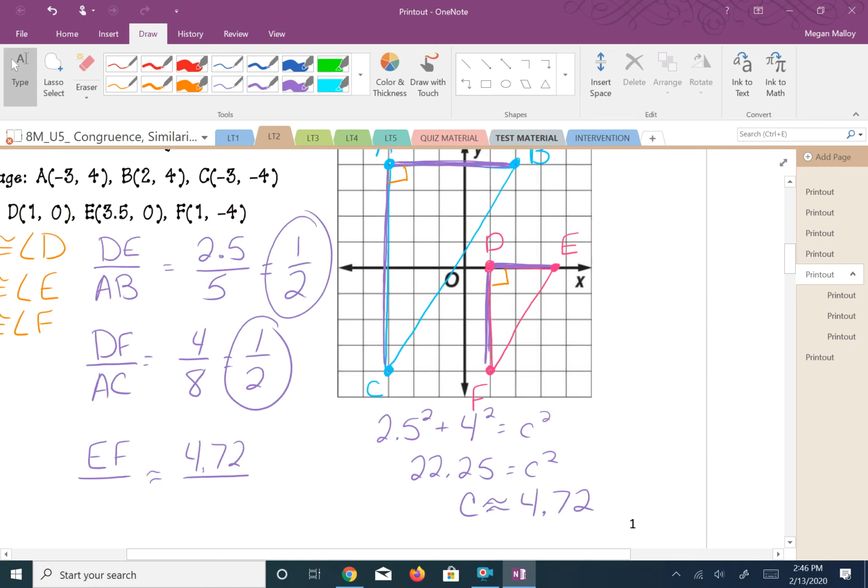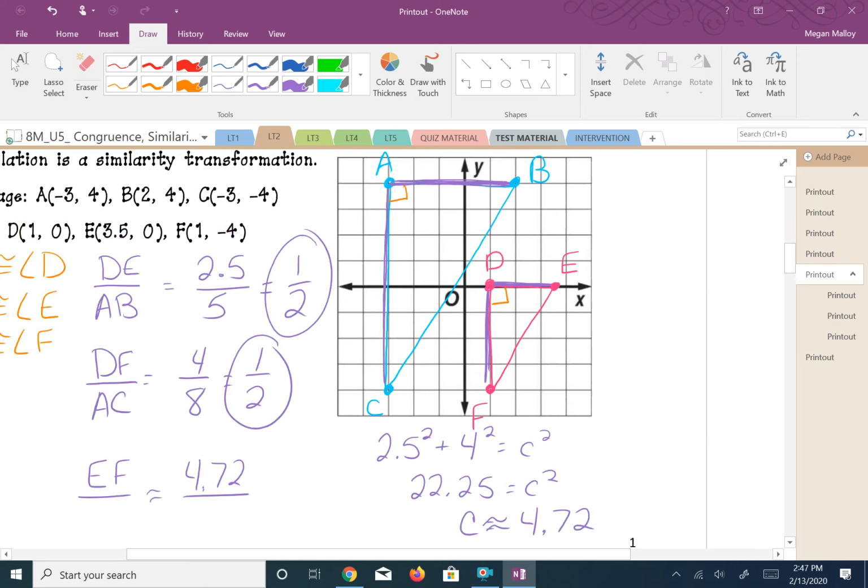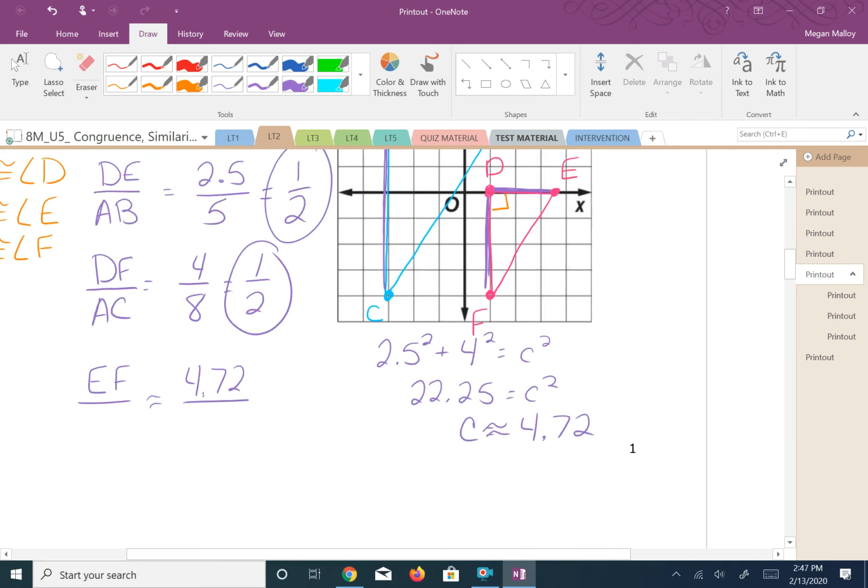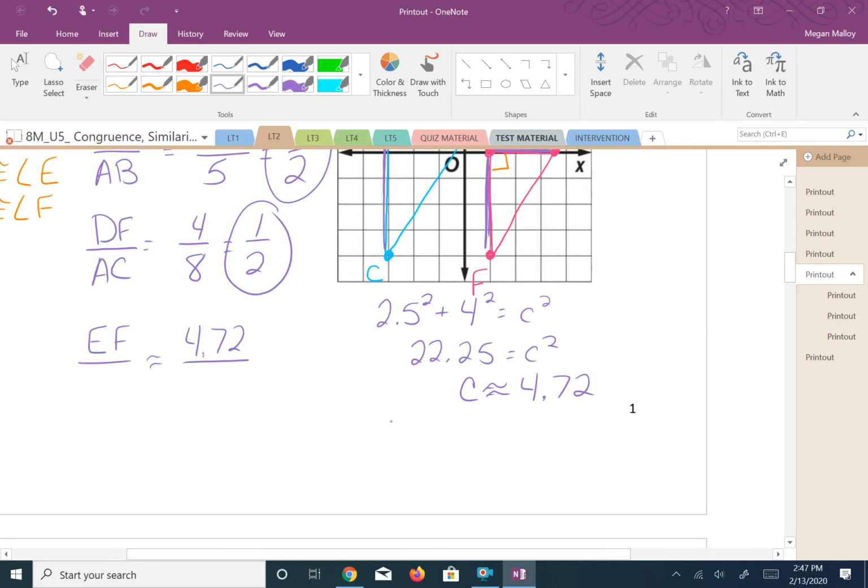And then if I look at my side length BC, I'm going to take AB squared plus AC squared, so 5 squared plus 8 squared equals C squared, so 25 plus 64 equals 89 equals C squared, and the square root of 89 is equal to approximately 9.43.